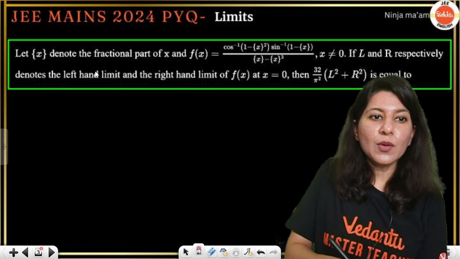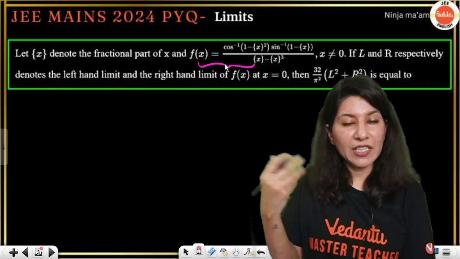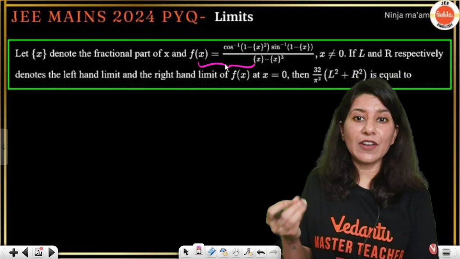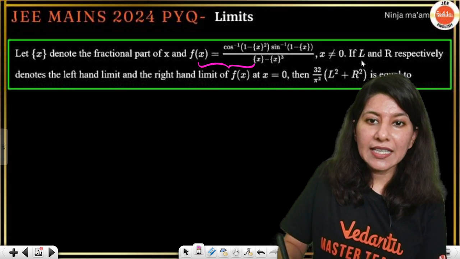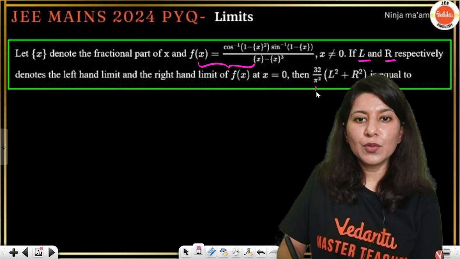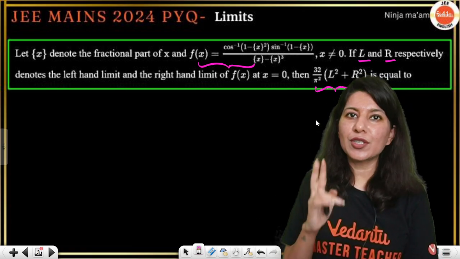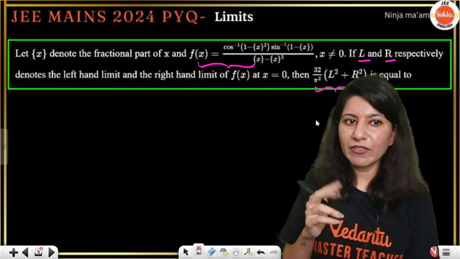Okay, so now the question says f(x) is given in the form of inverse trigonometric functions and the fractional part of x, and they are saying L and R be the left hand and right hand limits, and we need to figure out the value of 32 by pi square times L square plus R square. So overall the question is all about calculating two different limits.